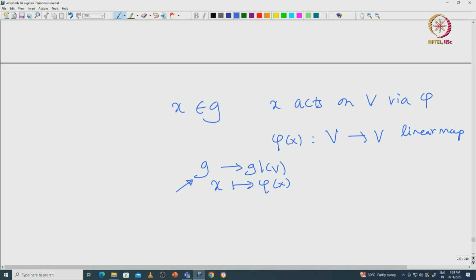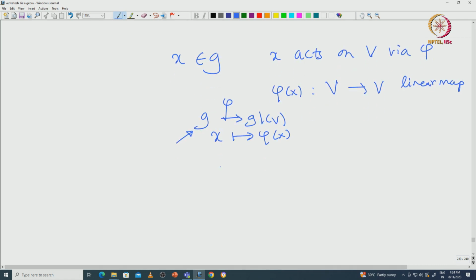So, x going to phi of x must first of all be a linear map, as well as preserve this Lie algebra structure. So, it must be a Lie algebra homomorphism. That is why you demand phi to be a Lie algebra homomorphism, so that the algebraic structure is preserved on both sides.